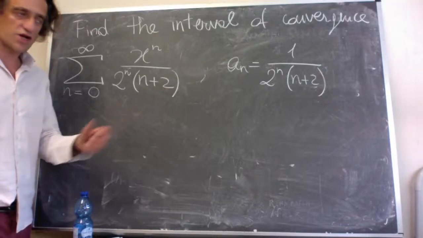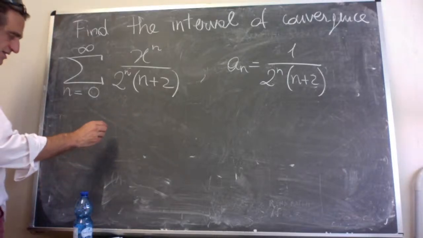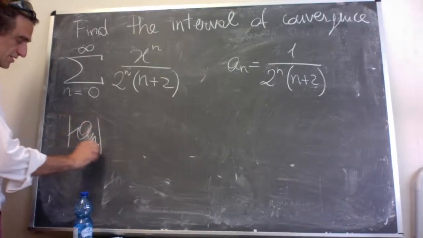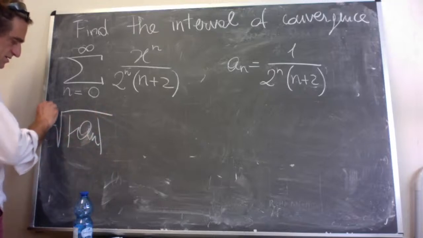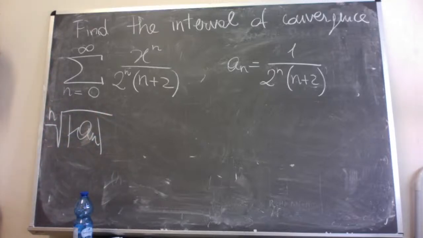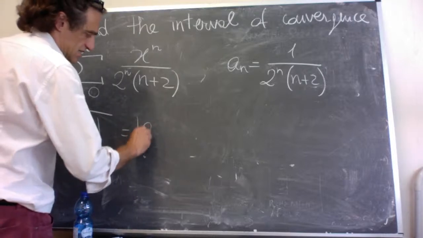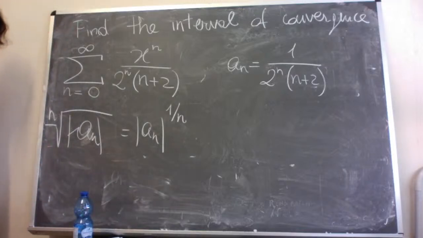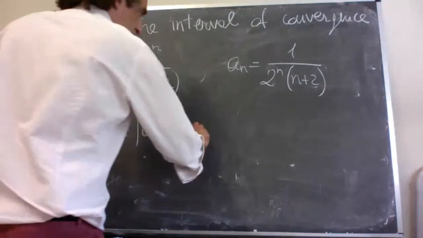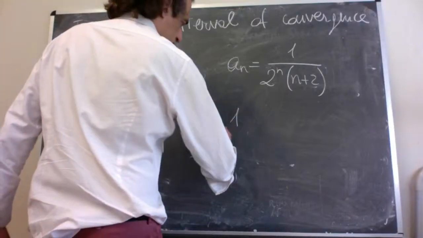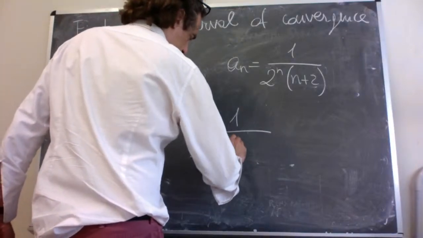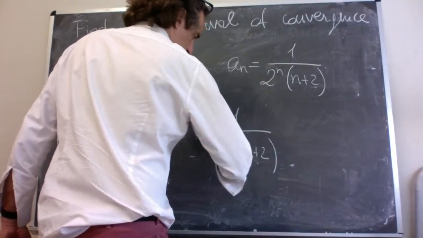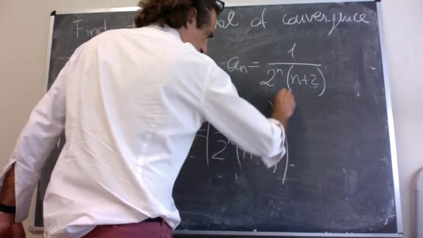Consider, instead of the ratio of a_(n+1) divided by a_n, the absolute value of a_n, and then the nth root, or if you prefer, the absolute value to the power 1 over n. In our case, this is 1 over 2 to the n times (n plus 2), everything to the power 1 over n.